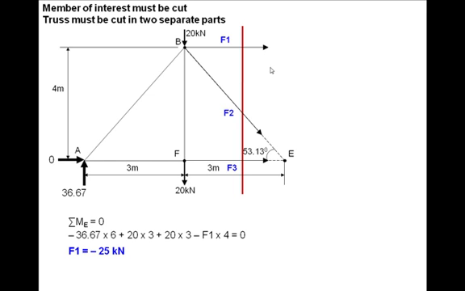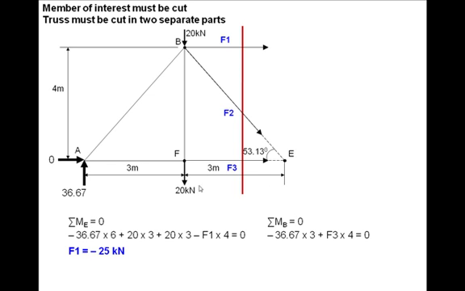Now suppose I was never interested in F1, but I was really interested in F3. Then we could have taken the same section, but in this new situation, F3 is of interest, F2 and F1 are not. F1 and F2 pass through B. So if I take moment about B equal to 0, F1 and F2 won't appear, and I will get F3 straight away.